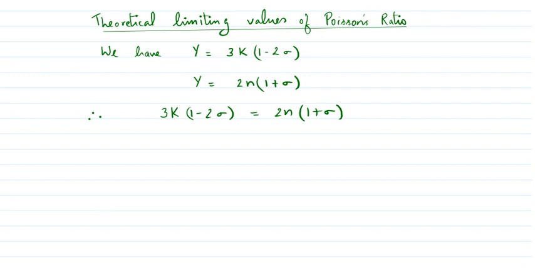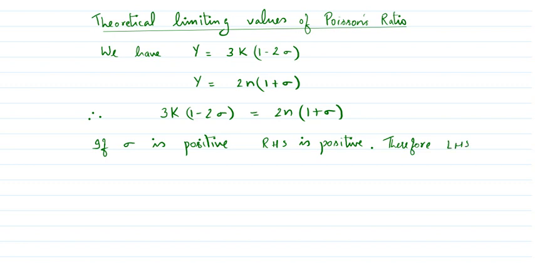So the first condition is if sigma is positive, then the right hand side is positive, and therefore the left hand side must be positive.